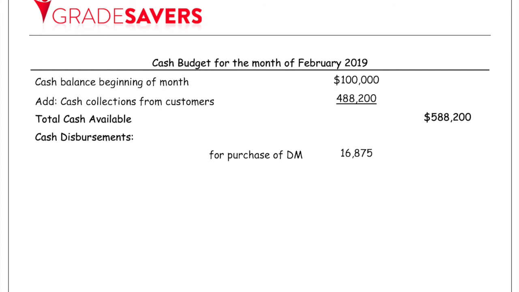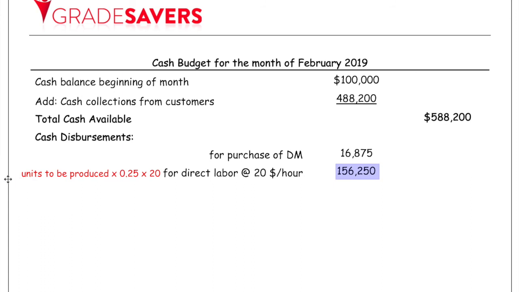In this example, we have disbursements for labor. I remind you that labor was $20 per hour and that it took a quarter of an hour to produce each course pack. So the way that we calculate this amount for labor is simply by multiplying the units to be produced for the month of February by 0.25 and then by 20. That's because it takes a quarter of an hour to produce each course pack, and labor is paid at 20 per hour.